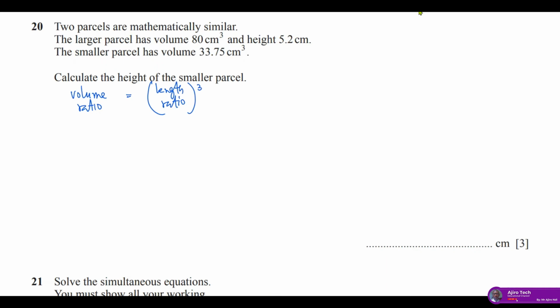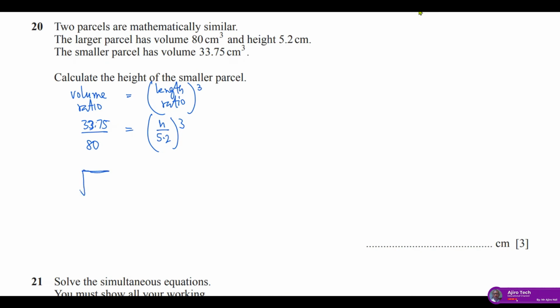We're looking for the height of the smaller one, so start with the height of the smaller, h, divided by the height of the bigger, 5.2. This is the height ratio. I'll cube it, then I get the volume ratio. The volume of the smaller one is 33.75 over the volume of the bigger one, 80. So I'm going to look for cube roots.